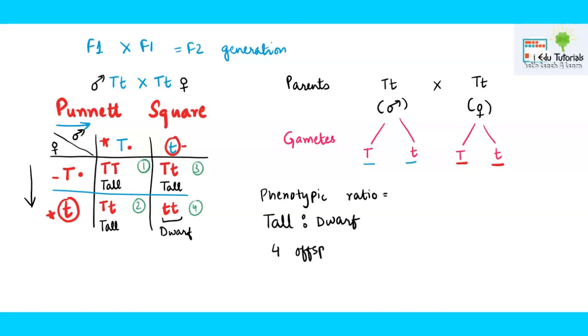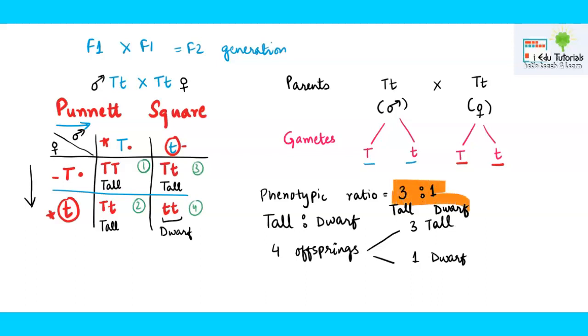We have received 4 offsprings in total, out of which 3 are tall and 1 is dwarf. So my phenotypic ratio will become 3:1, meaning 3 tall and 1 dwarf. So whenever a phenotypic ratio comes in exams, you must know how to calculate it.